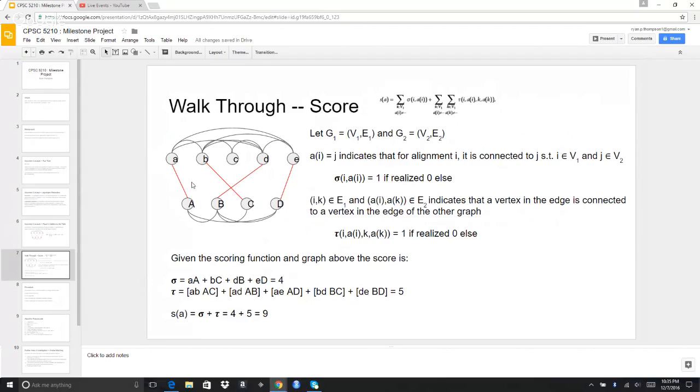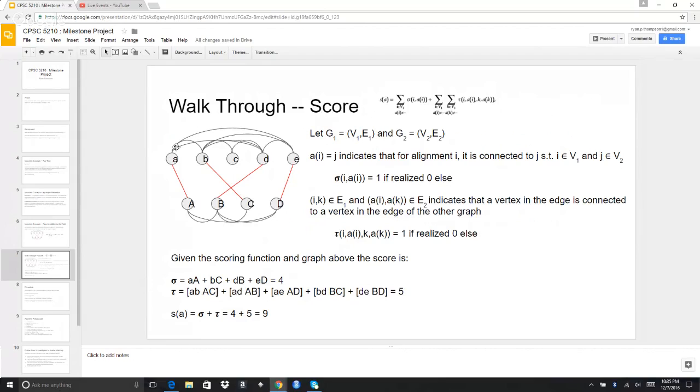And so IK, say A is I and B is K, and we're looking at where those are connected. So what other points are those vertices connected to? That's A here, as outlined before, and A of K, which would be C here. And that would get a 1.